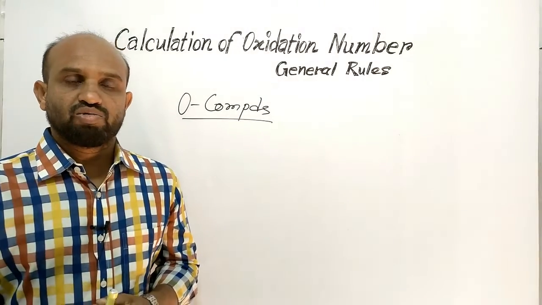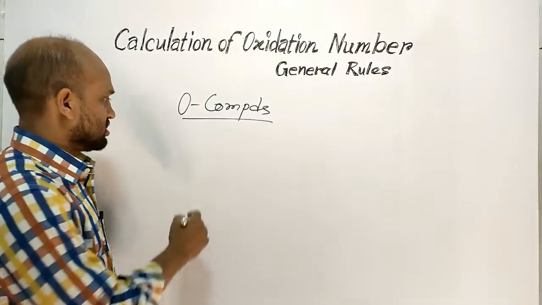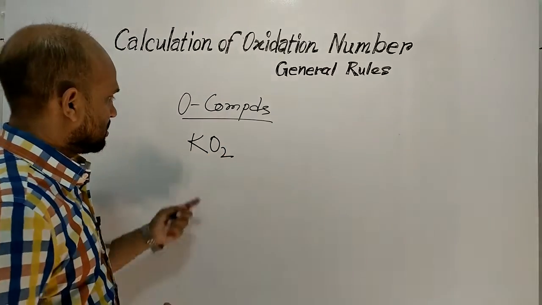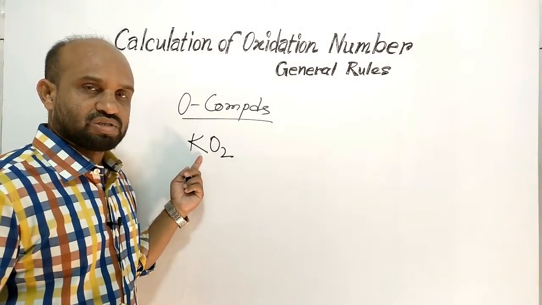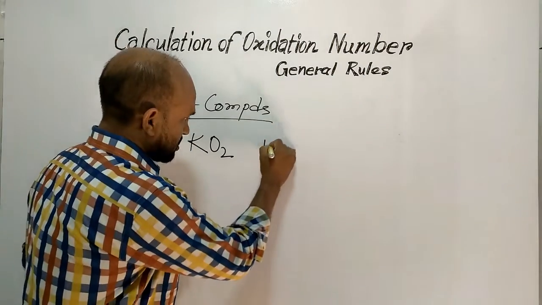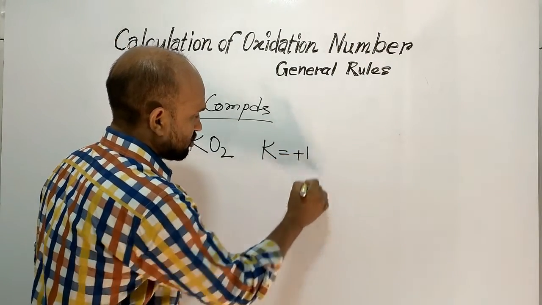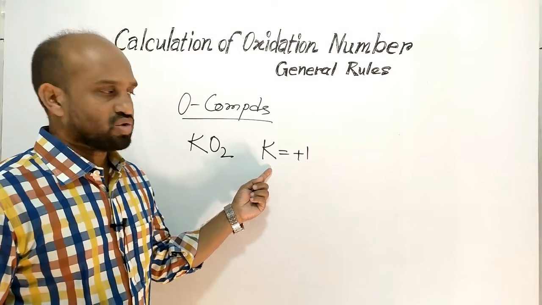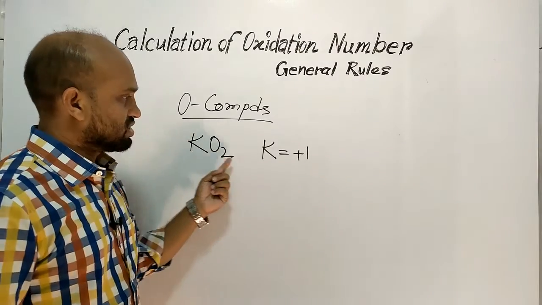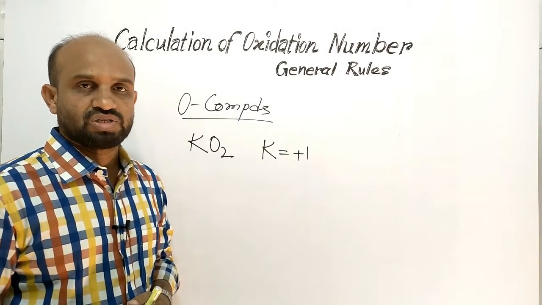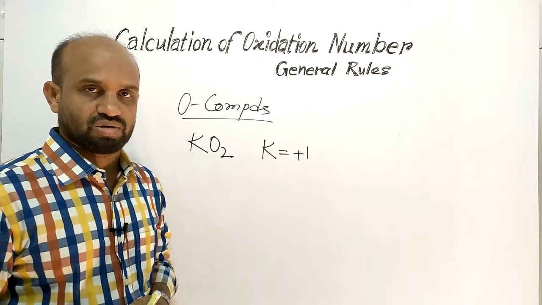Now let's see one superoxide, that is potassium superoxide. Here one potassium atom and 2 oxygen atoms. The oxidation number of potassium is +1 because this is an alkali metal. That means potassium donated 1 electron.